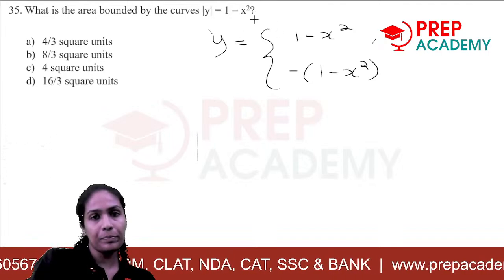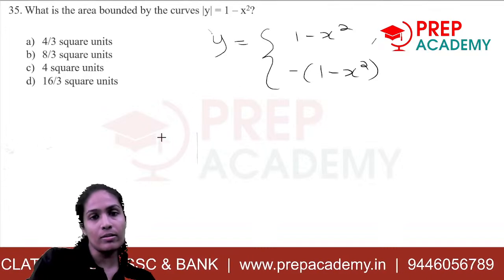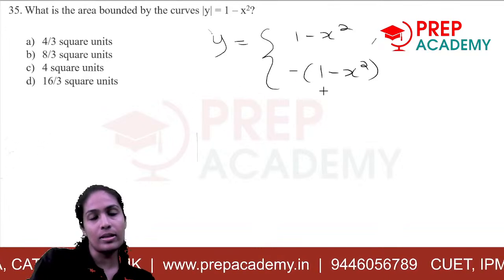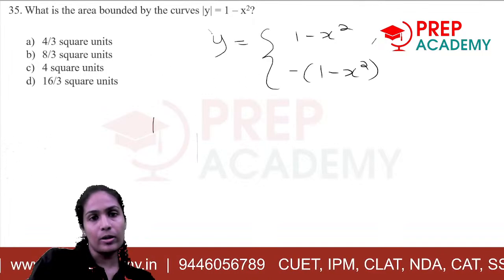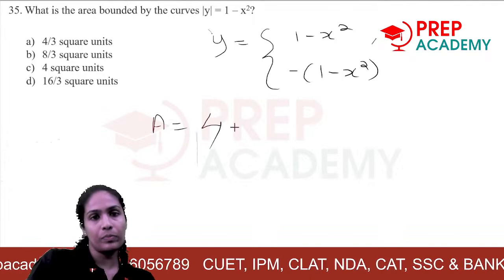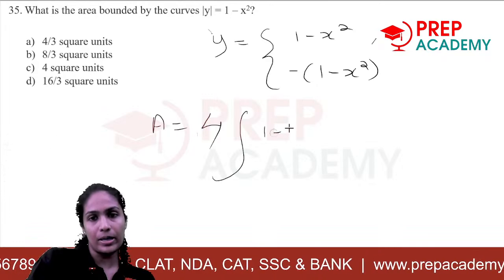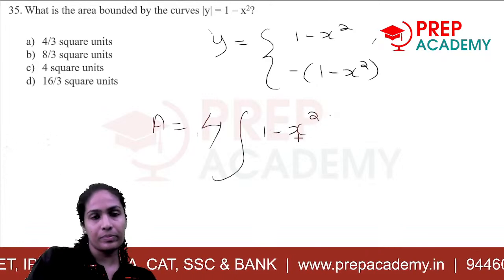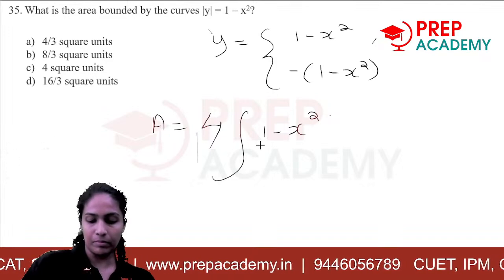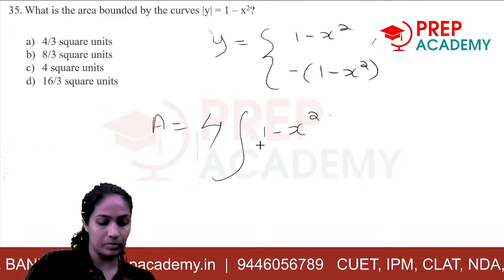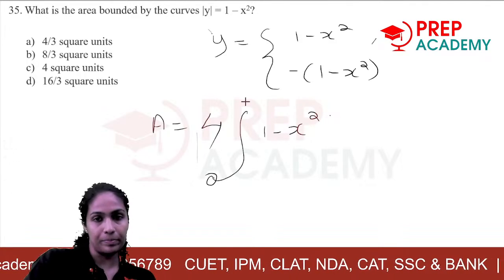This is also a parabola, but since there are two functions, the parabola is divided across 4 quadrants. So area is equal to 4 into the integral of the function 1 minus x square, with the limit from 0 to 1.